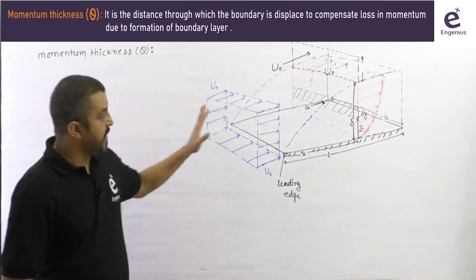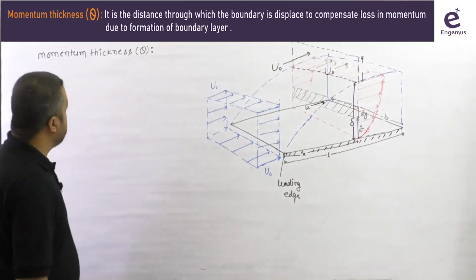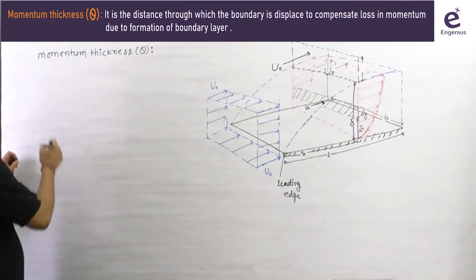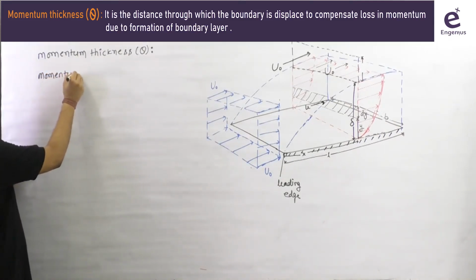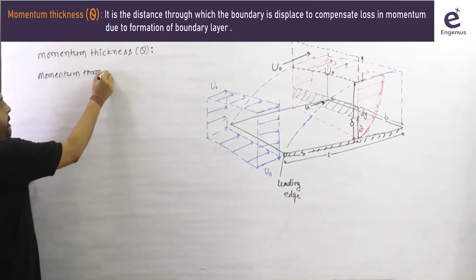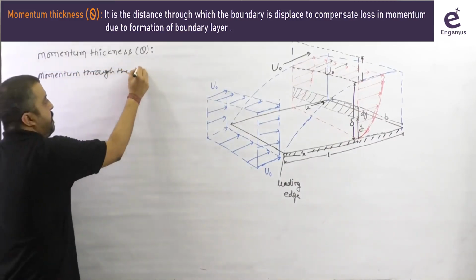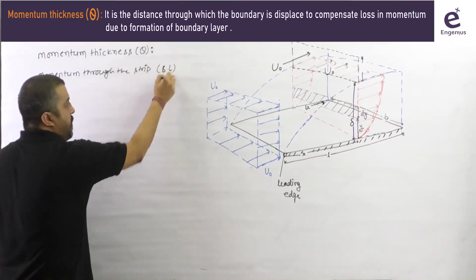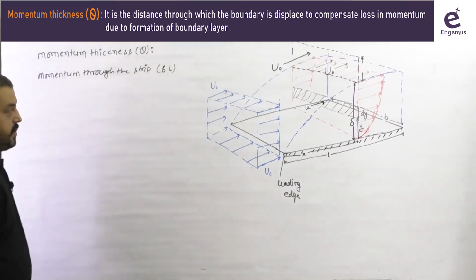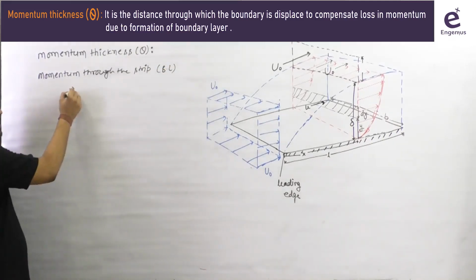So the same diagram I'm using here, and in this case let me first find the momentum through the strip when there is a boundary layer. The momentum is simply mass into velocity.